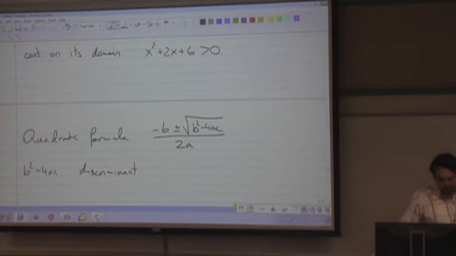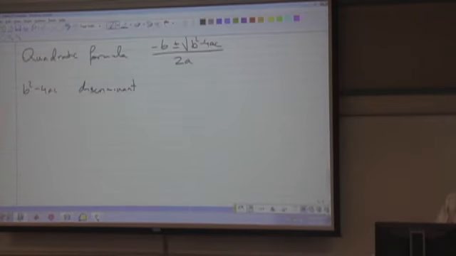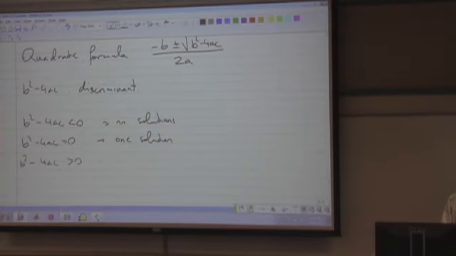So the idea was the following. If b squared minus 4ac is less than 0, you have no solutions. If b squared minus 4ac is equal to 0, you have one solution. And if b squared minus 4ac is bigger than 0, you have two distinct solutions.